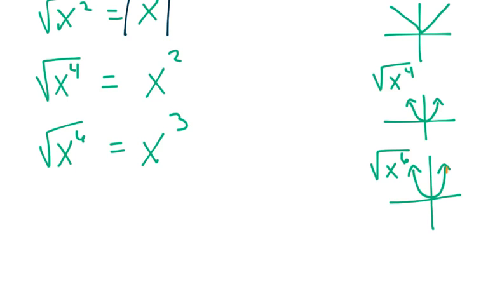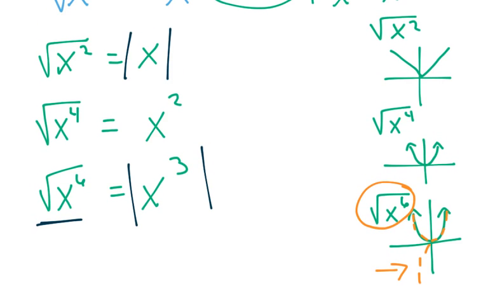The cubic curve looks something like this. What's happening is all of these negative values, when we put them into this expression, your answers are all positives. So what we're going to do to make x cubed equal to the square root of x to the 6th, we are putting absolute value bars around it.